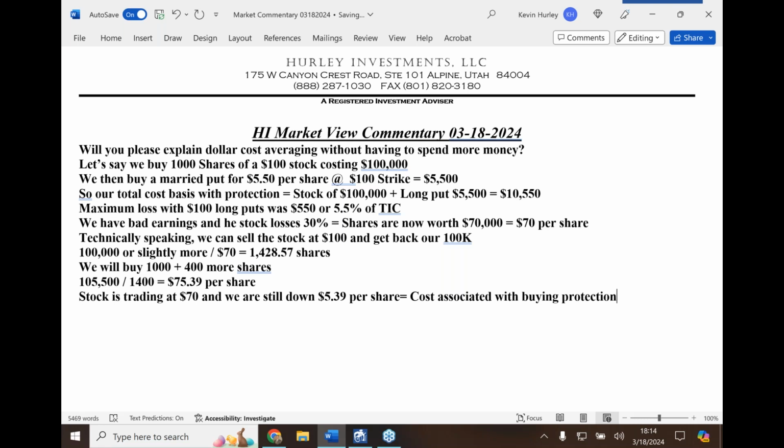And we have to wait for the stock to get back above $75.39 before we're going to break even. But that sure beats waiting for the stock to get back up to 100. And that's the difference between active management and passive management.